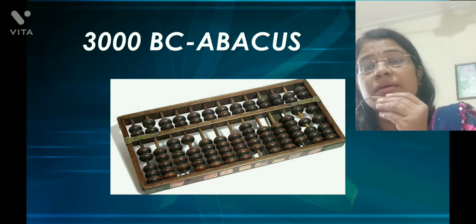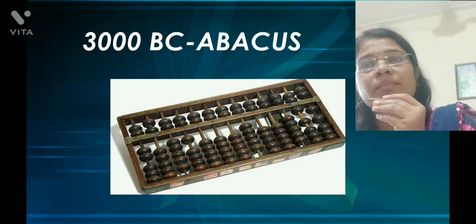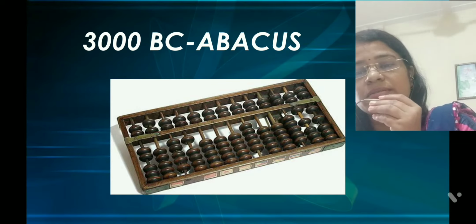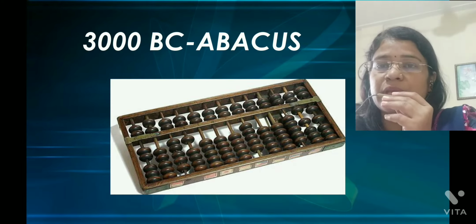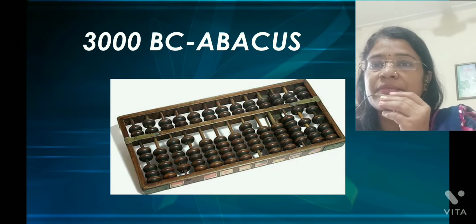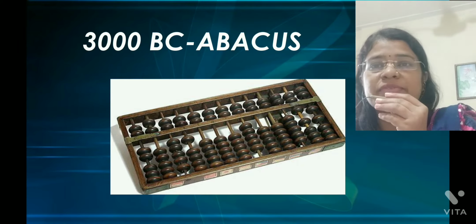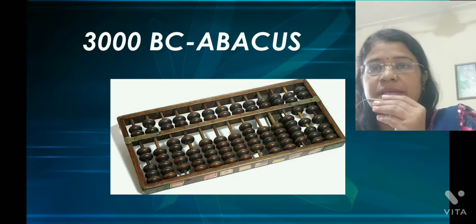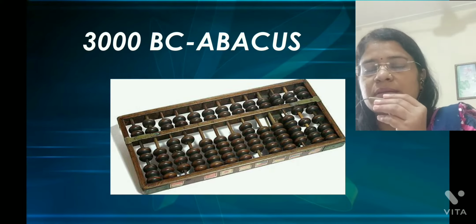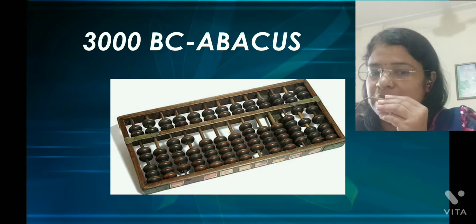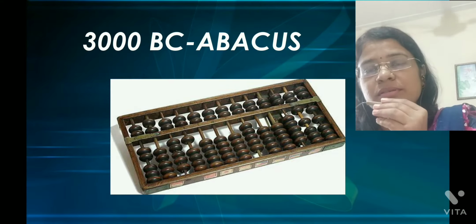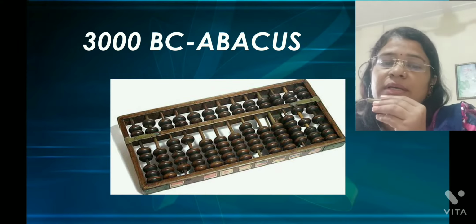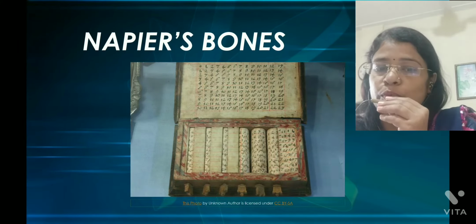It was developed in China more than 5,000 years ago. It is made up of a wooden frame with rods, each having beads. You might have seen the abacus kit, right? In the same manner that abacus kit was developed, and after that some changes were made and another device was developed, called Napier's bones.